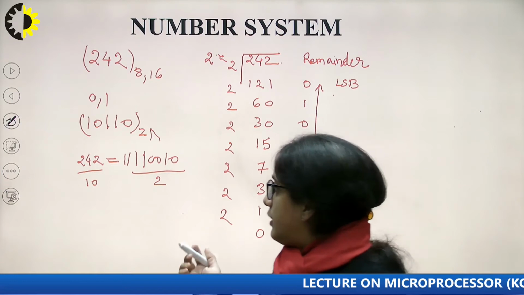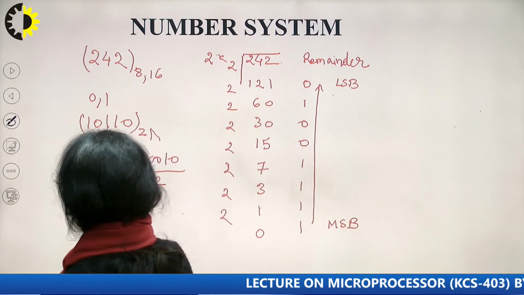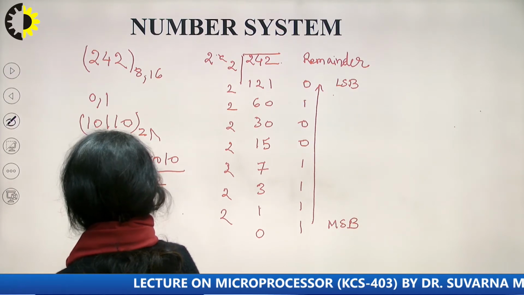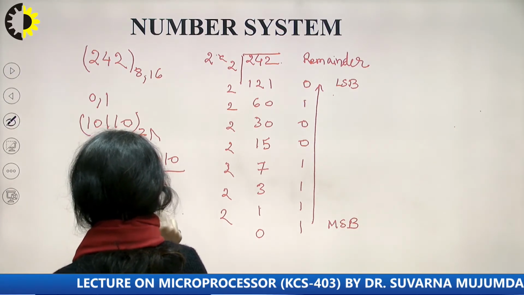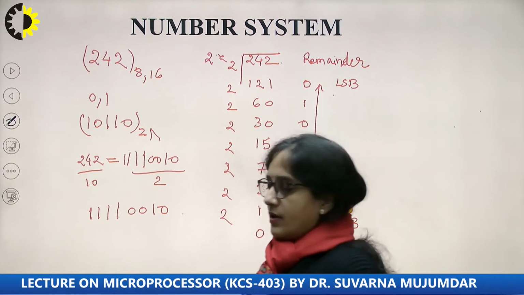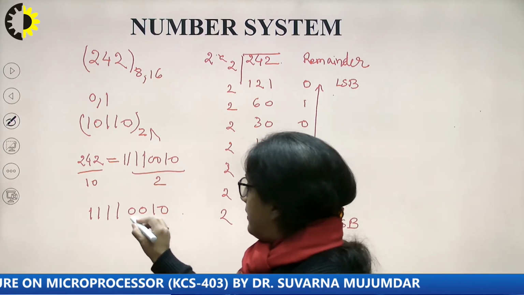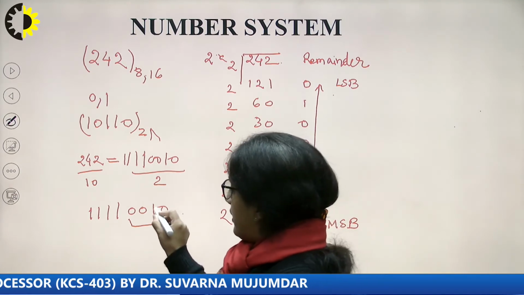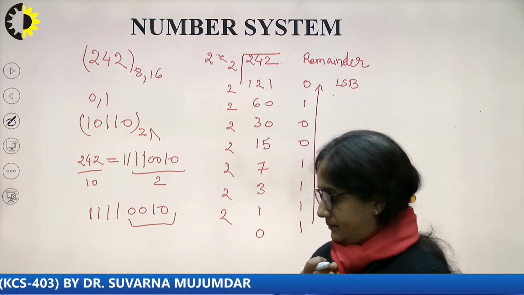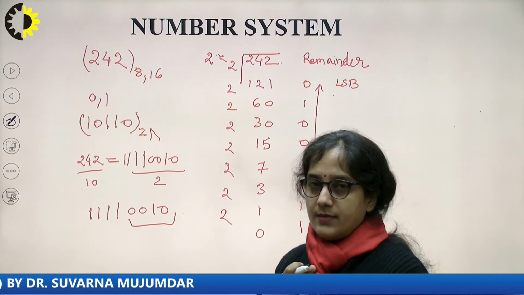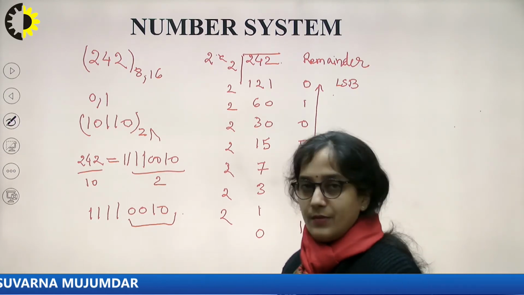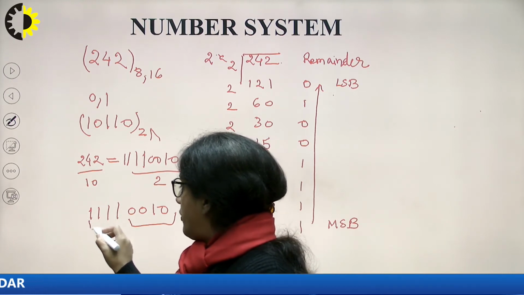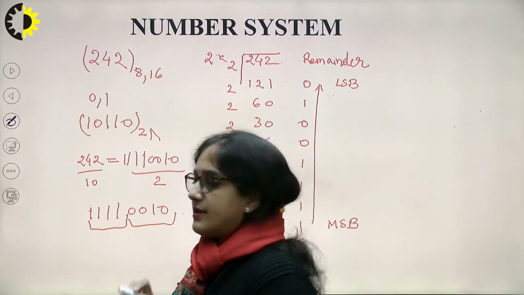So 1111 0010. I will make a group of these 4 bits and convert it into its equivalent hexadecimal number. Similarly, I will make another group of 4 bits and write its hexadecimal.